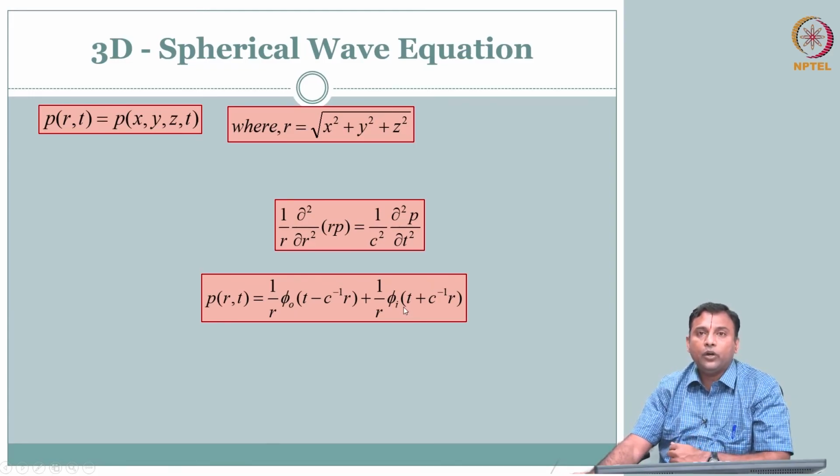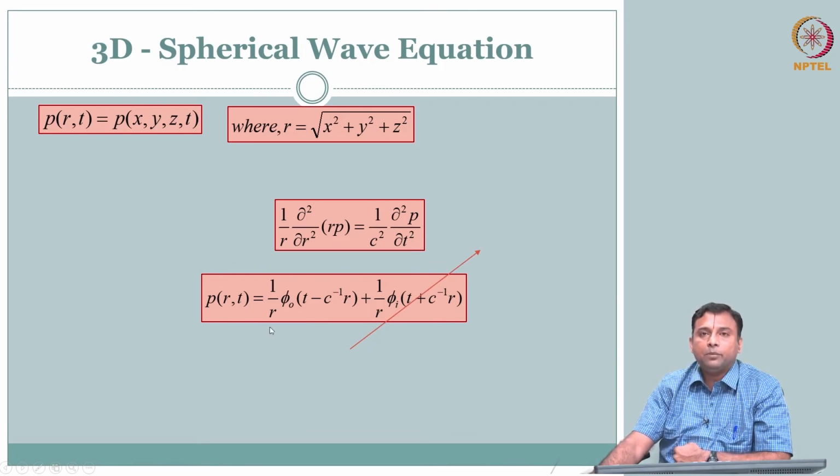In practice, the inward wave is not that intuitive and we are not going to encounter that physically, and therefore what we are really interested in, of the two general solutions, is the outward propagation that will be used. Okay.